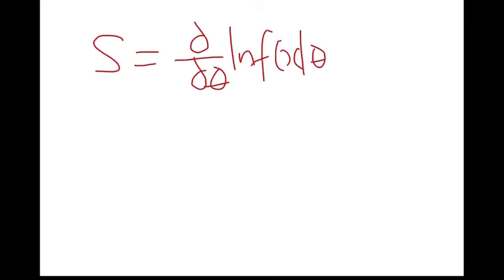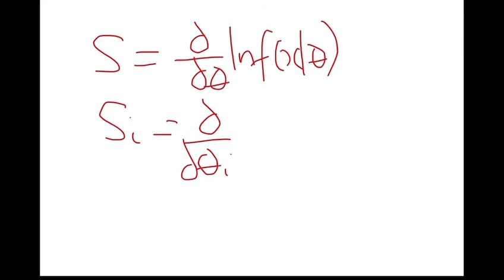For sample size one, the score function is d/dθ ln f(x|θ). There could also be a multi-parameter situation.